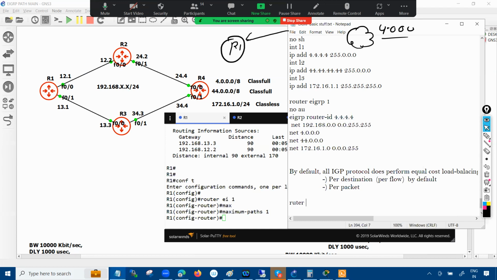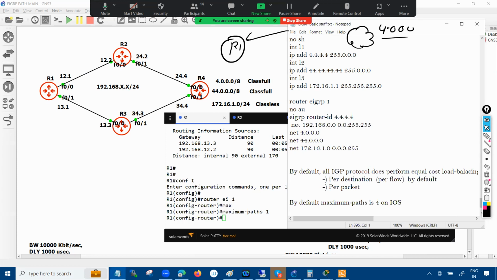If I go to router EIGRP, by default max path is 4 in all routing protocols. This is IOS, not IOS XR, not even IOS XE, not even Nexus.